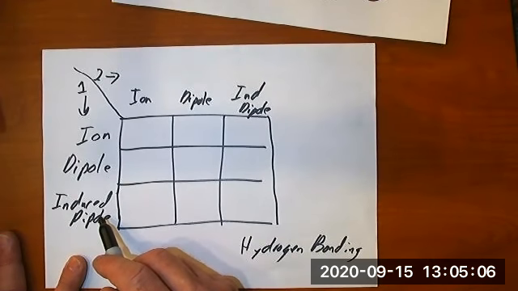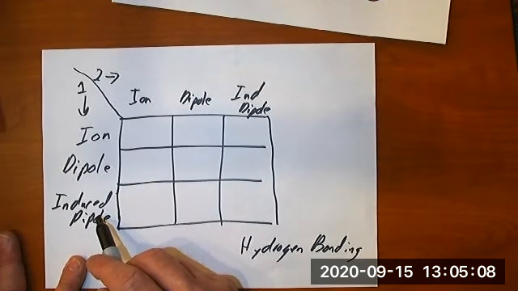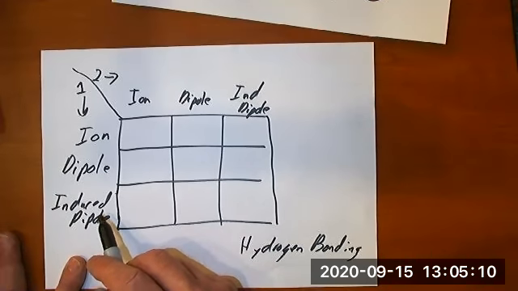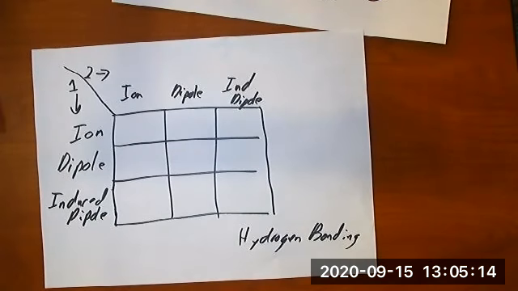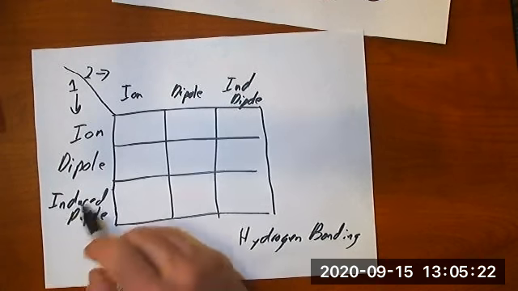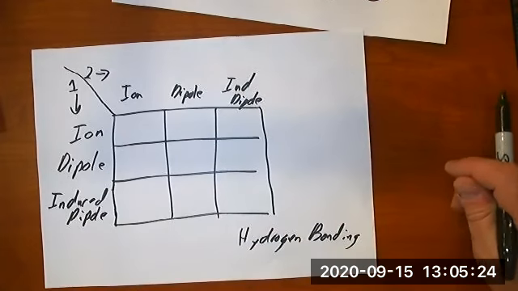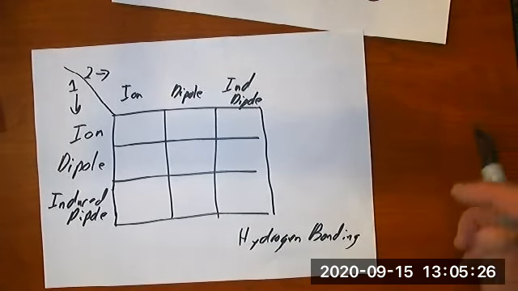Every molecule has it. If it has electrons, it has induced dipoles. End of story. Because electrons can be polarized by anything that comes in near it. And that polarization is an induced dipole. So you always have that unless you're dealing with H+ in a vacuum.